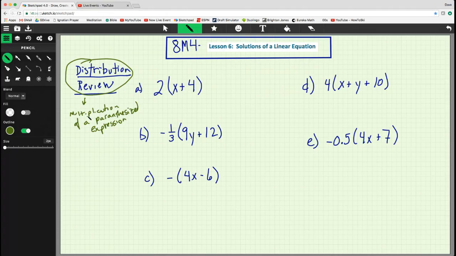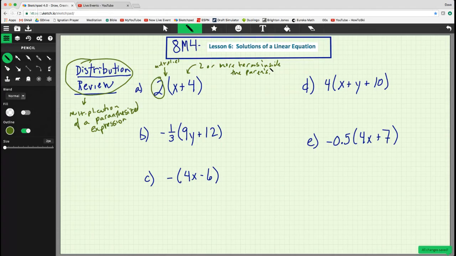So what does that mean? We have a number outside, and it is multiplied by 2 or more terms inside the parentheses.